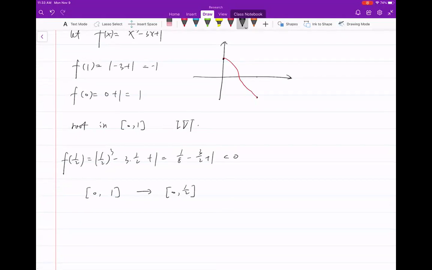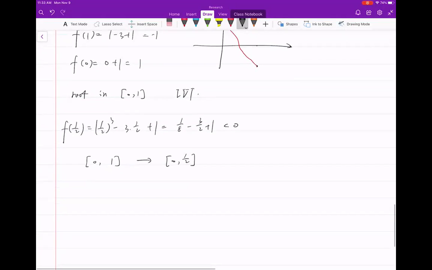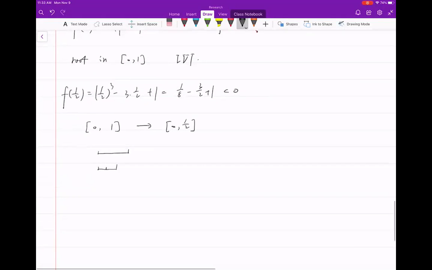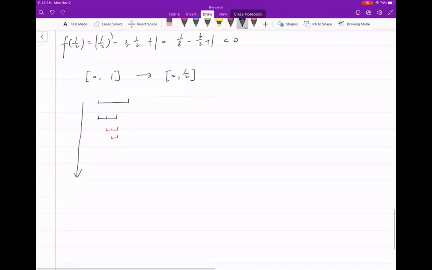Still okay? Then you pick the midpoint. So you start with an interval. You pick half the size, and then you cut here, try to see, and then you pick the next one. And you cut here, you pick the next one. So eventually, as you keep going with this procedure, in the end, you have something really, really tiny.